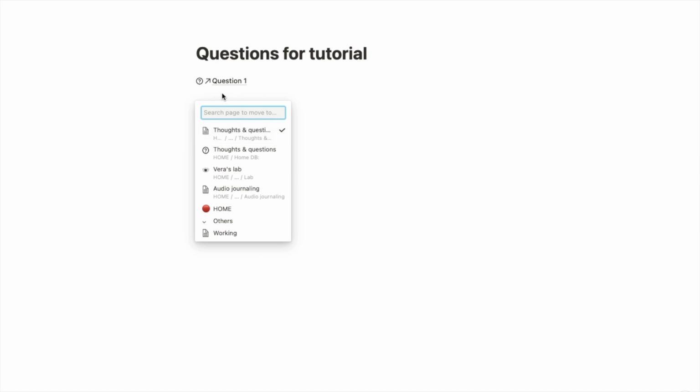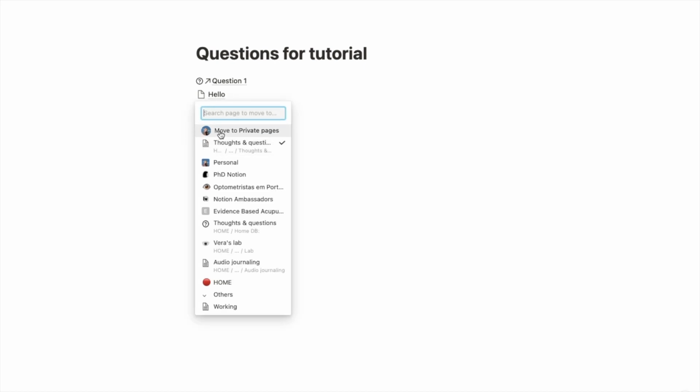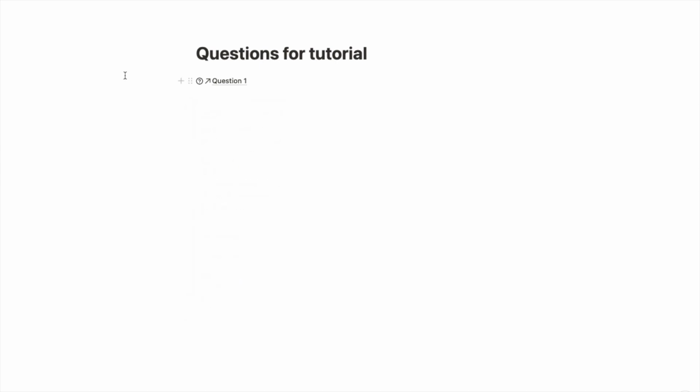But what happened was, when you have a page inline, so let's say hello, and let's turn this into a page, and then you go Command Shift P. Usually, this is the part that is selected. It goes to your private pages. But then I select this, which is where I wanted to move it. So let's just move that.